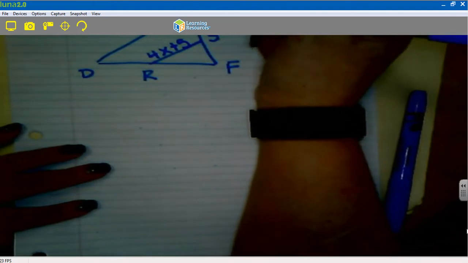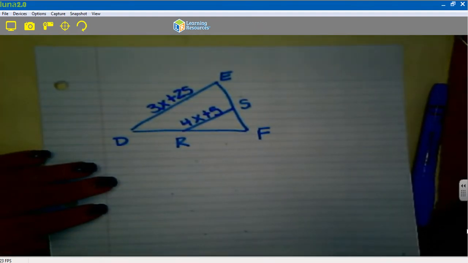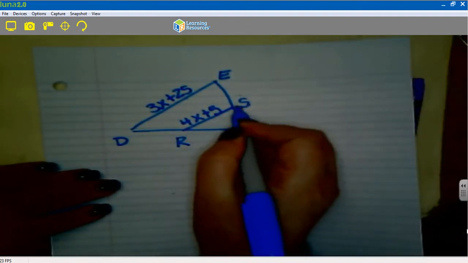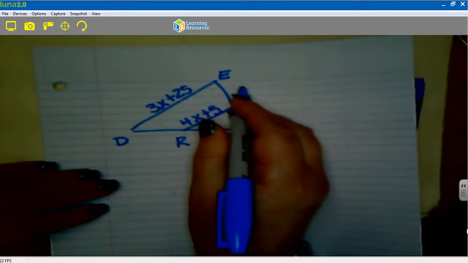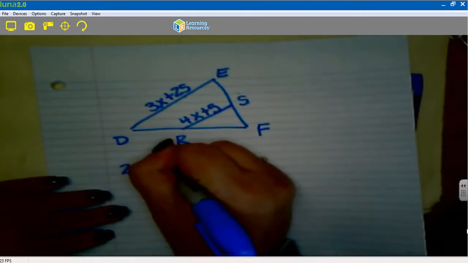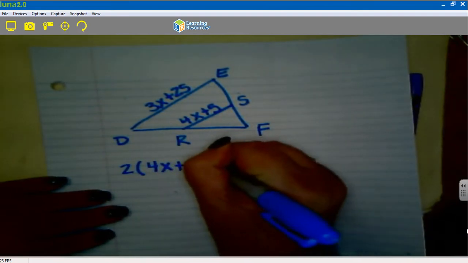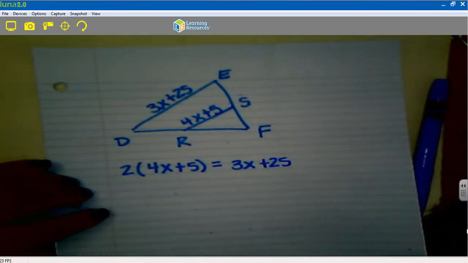It says if RS is 4x plus 5 and DE is 3x plus 25, what is RS? Okay, so if we take a look at our midsegment, it takes two midsegments to equal that base. So 2 times 4x plus 5 has to equal 3x plus 25.